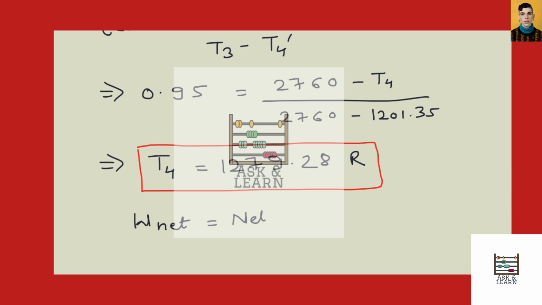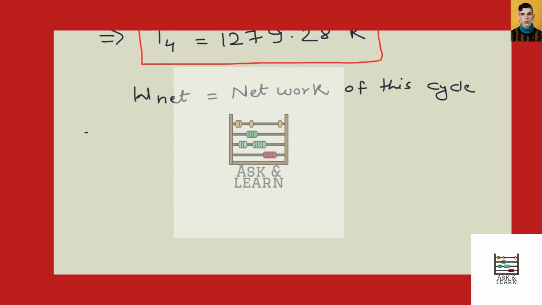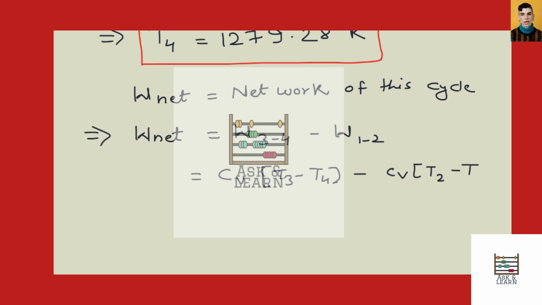Now W net is the net work done. The net work done of this cycle can be calculated as W net is equal to W34 minus W12, which is Cv times T3 minus T4, minus Cv times T2 minus T1.